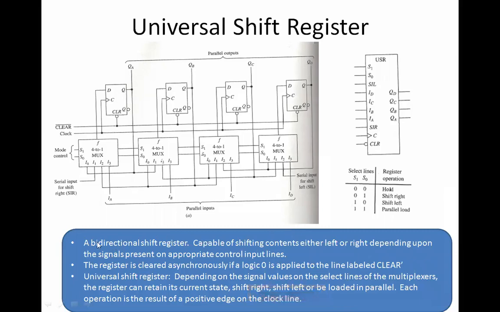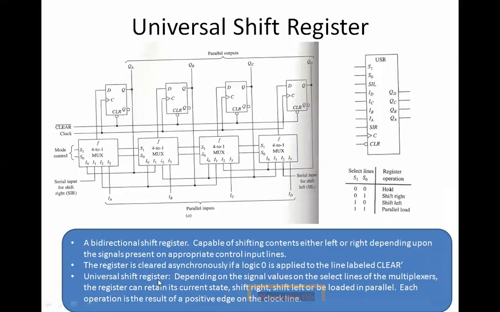A bidirectional shift register is capable of shifting the contents either to the left or right, depending on the signals in the control input lines. The register is cleared asynchronously if a logic 0 is applied to the clear line. So if I apply 0 here, it means it's all cleared.